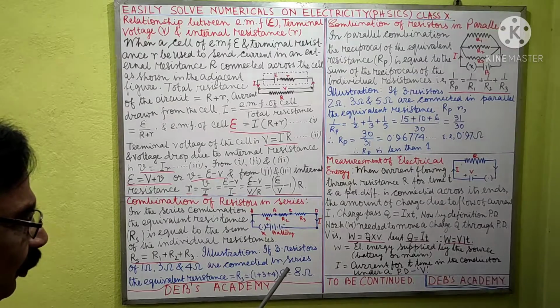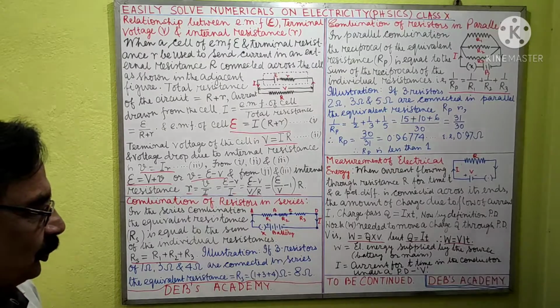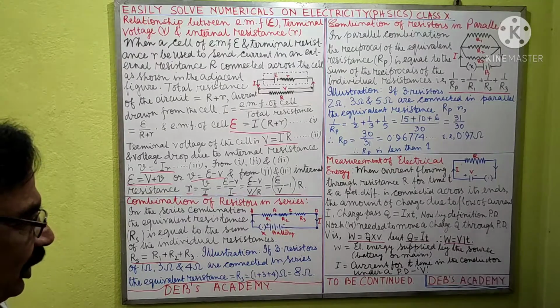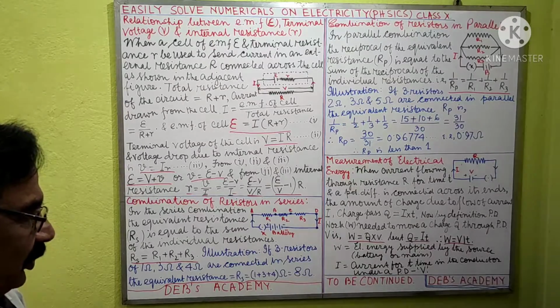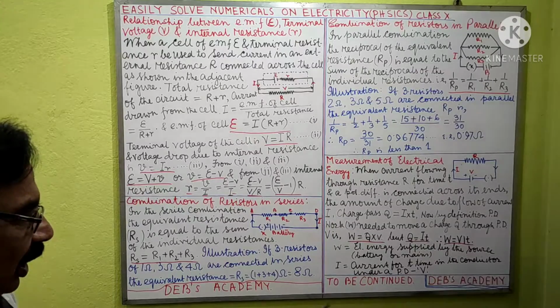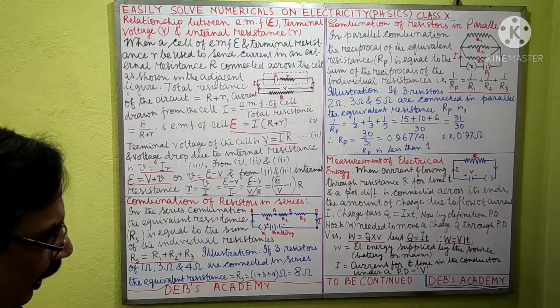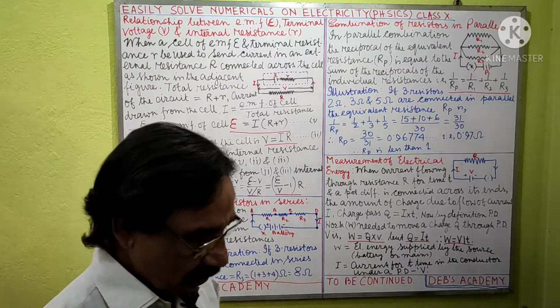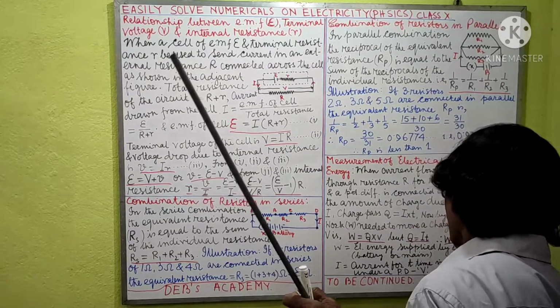Now by definition of potential difference, the work W needed to move a charge Q through potential difference V is W equal to Q into V. But we know that Q equals I into t, so W equals V I t.